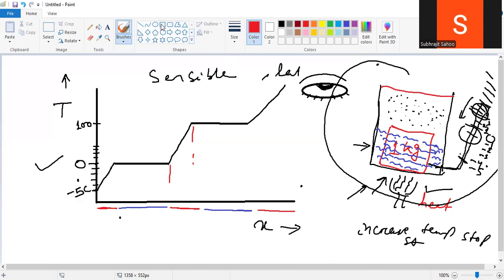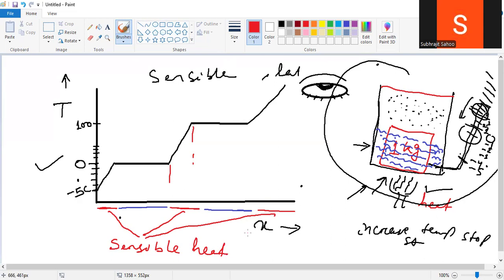Now, what do we call these portions? This red line is called sensible heat. Why the name? Because the temperature is very sensitive to heat.